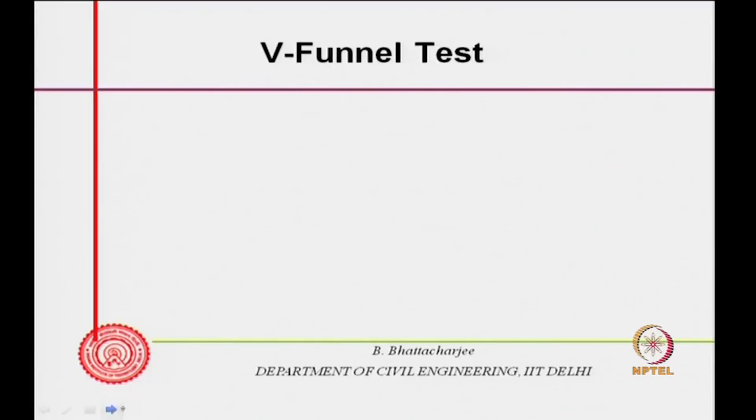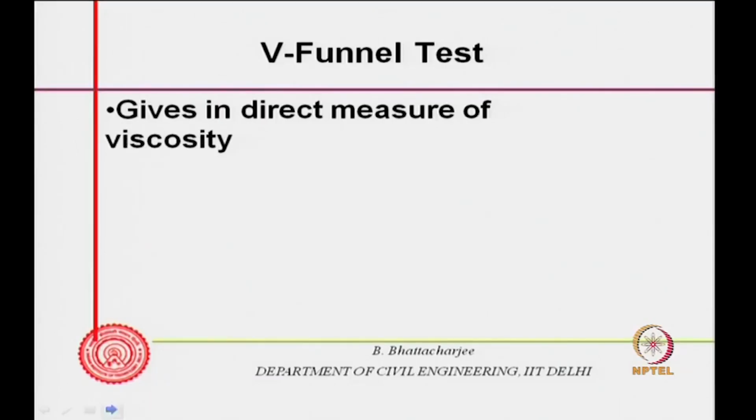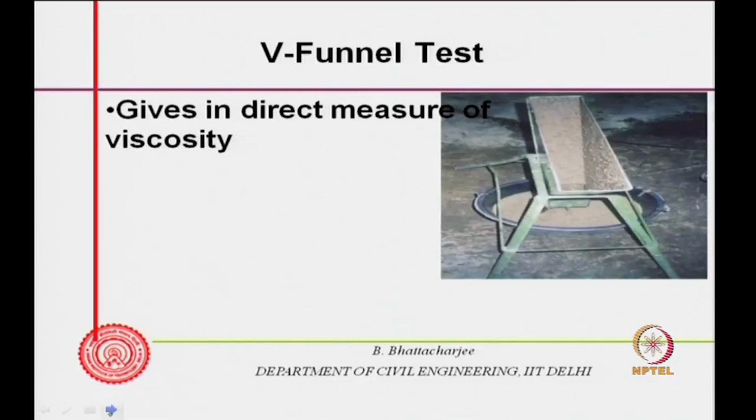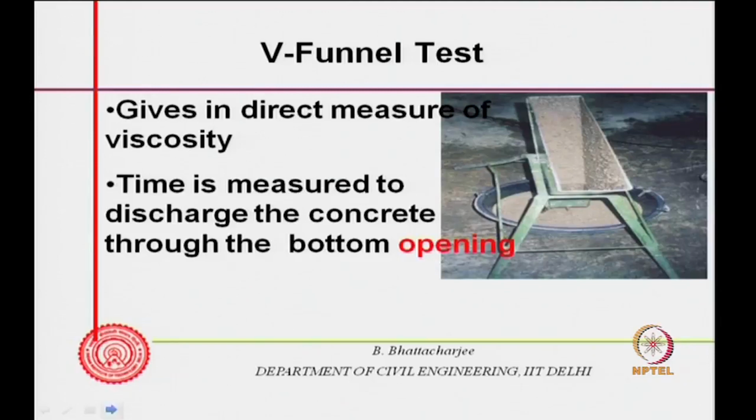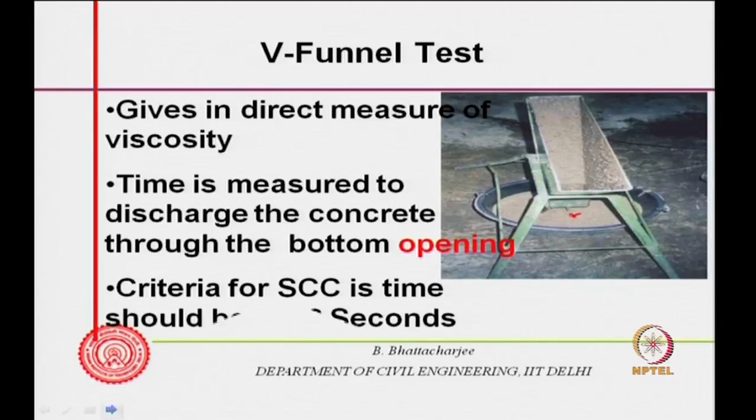V funnel test, it gives some direct measure of viscosity, that is what people felt, and you have a funnel which is closed at the bottom in the beginning, and then you open the gate at the bottom, fill it in a standard manner, then the time is measured for discharge of the concrete through the bottom opening, which is initially closed, and then it comes down here, and if this time is 10 plus minus 3 seconds, then you can say it could be self compacting.